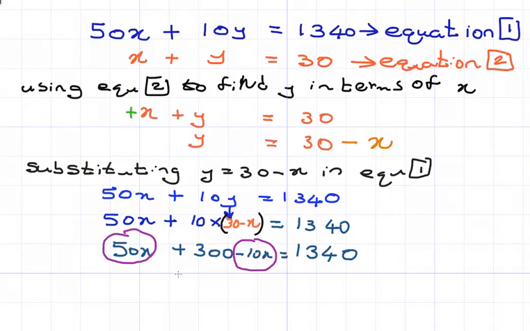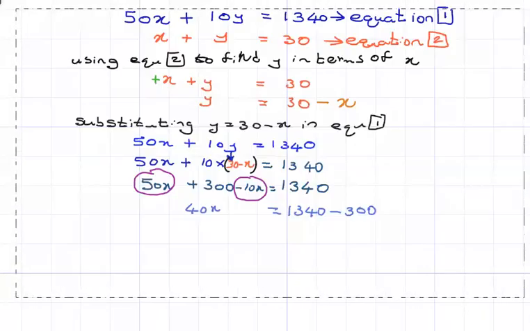So 40x is equal to 1340. And let's chase the plus 300 to the other side. So when addition 300 goes to the other side, what does it become? It becomes subtraction 300.